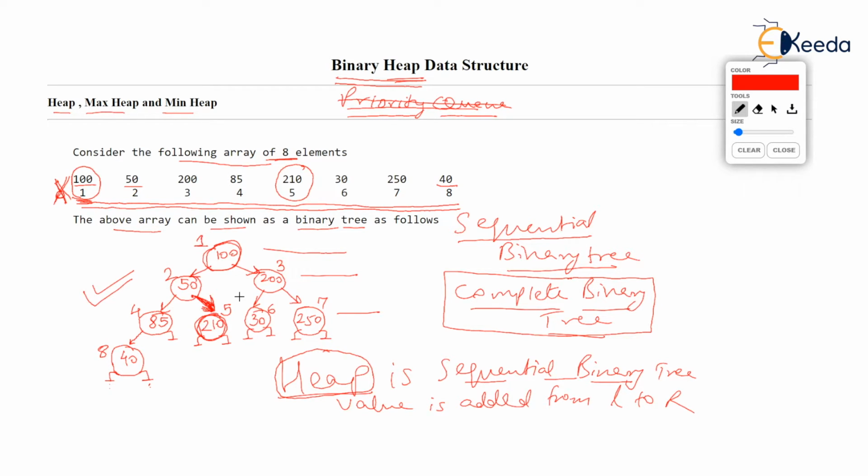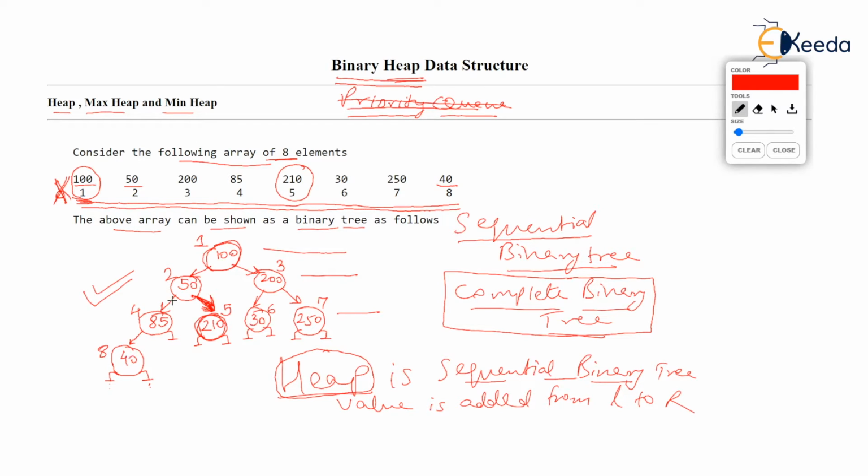Okay, let me prove this. We are not going to create a binary tree at all. What you do is, you do an exercise with me. You don't look at the array for some time, but look at the binary heap and read the elements in sequence from left to right. You will see 100, 50, 200, 85, 210, 30, 250, 40.